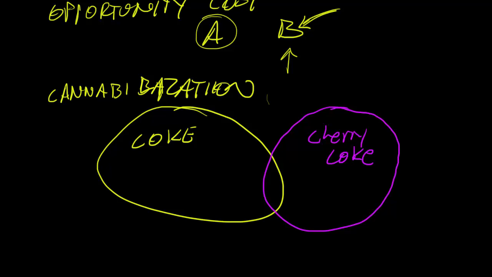What ends up happening when you come up with a new product such as cherry Coke is that you lose this percentage of Coke. You lose this percentage of Coke drinkers who now become cherry Coke drinkers. And so while we can turn around and say, hey, look, we're making a lot of money on cherry Coke because it's a new product, and it directly competes with Coke, we miss out.